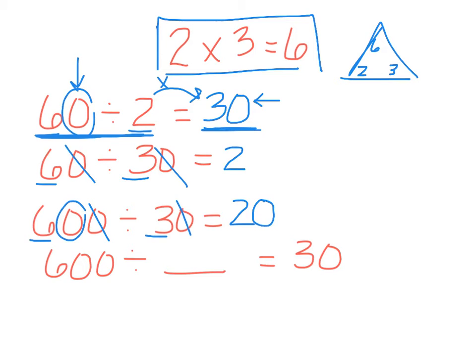Okay, last one for this one. We have 600 divided by some number equals 30. I know that some number has to start with 2 because this is what's relating all of ours. And I know that on this side, I see 1 0. And so I know that takes care of this one. But I need to take care of this 1 0 here. So it's going to be 20.